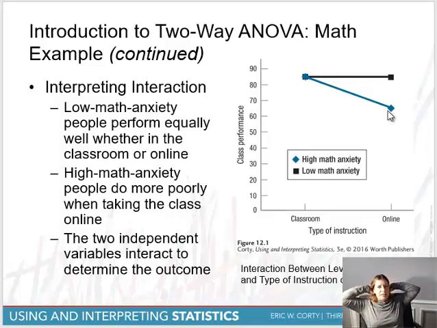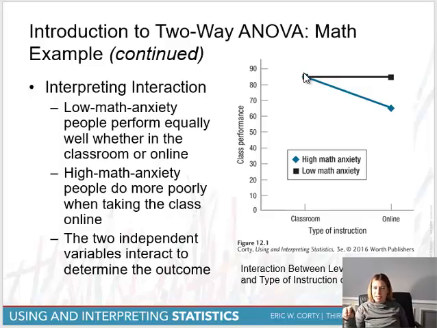So we can't make the blanket statement that online learning is bad, because not everybody performed poorly online. And we can't say that anxiety really impacts performance, because right here, everyone did perfectly fine.